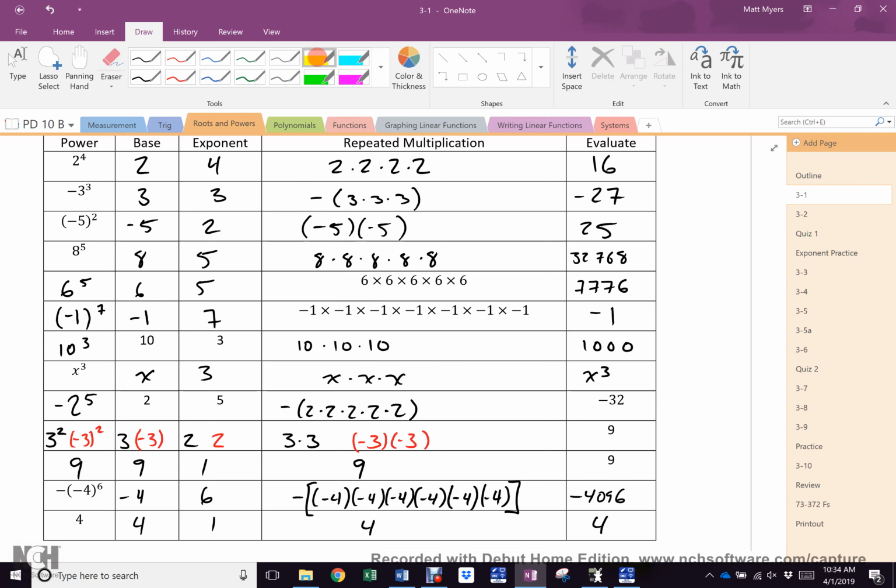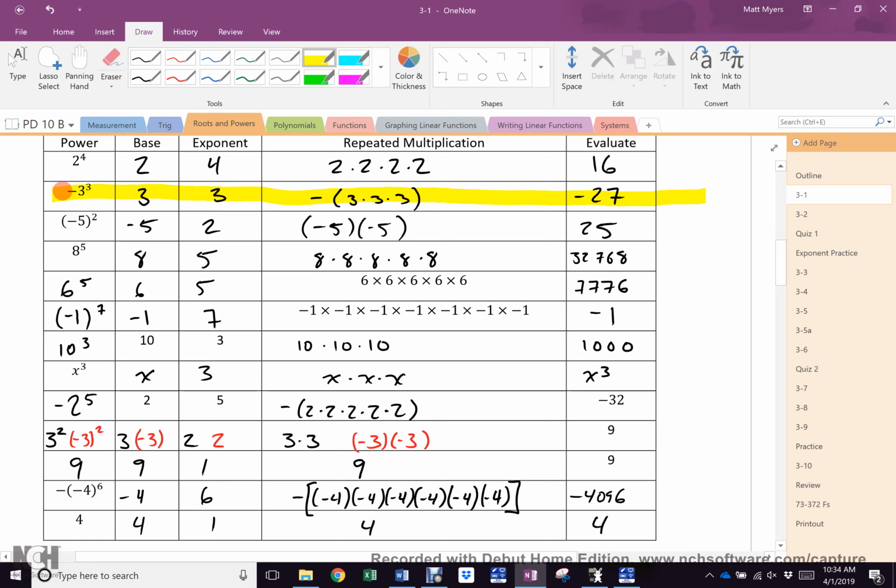The first one that people usually screw up is right there. Is the red answer the right answer? No, they're both wrong. Can anybody explain why the yellow line is what it is? The negative sign has not been included in the base, has it?